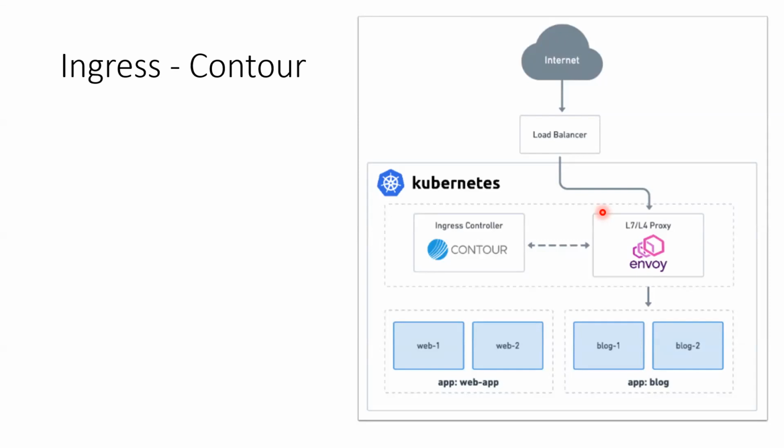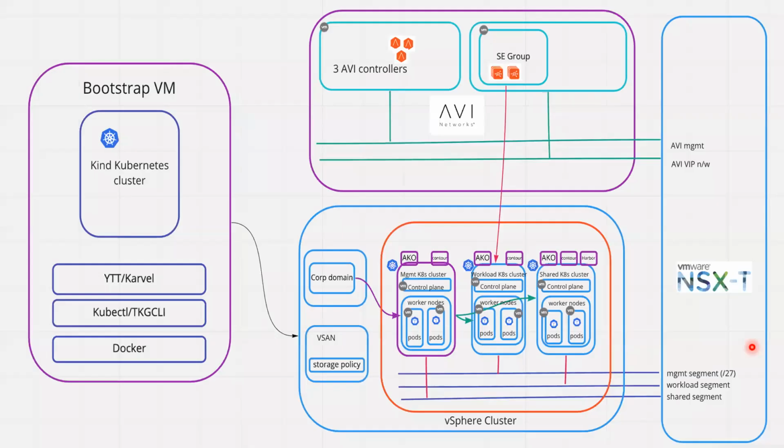So let's say today you have an application which has possibly two different data streams, like a web and a blog, and tomorrow you may have some other number of pods over here. You can at any point of time modify the ingress resource to point something towards a different pod. So this is a very scalable solution as well, and it's quite easy to implement.